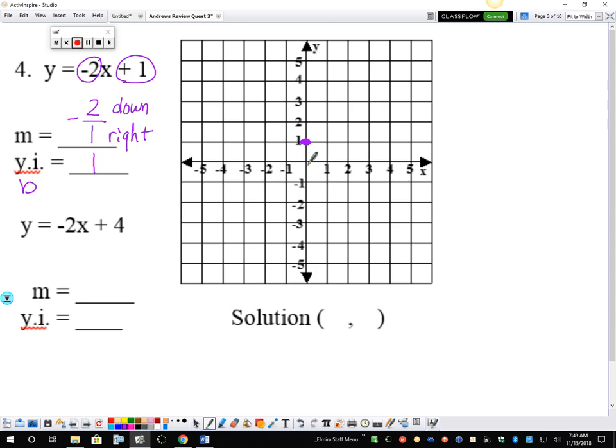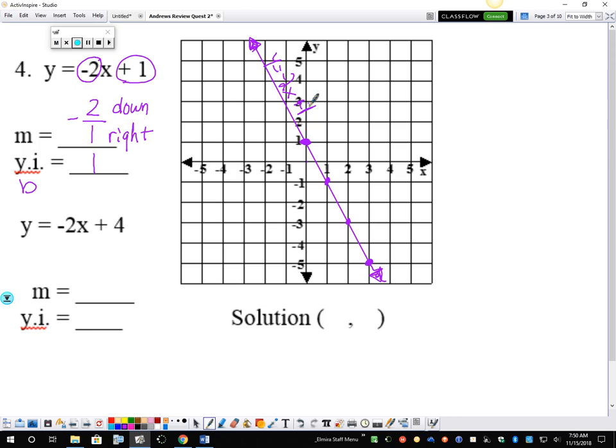Okay, so down 2, 1 to the right, down 2, 1 to the right, down 2, 1 to the right. And we get y equals -2x plus 1.